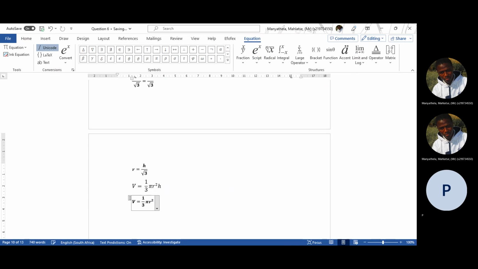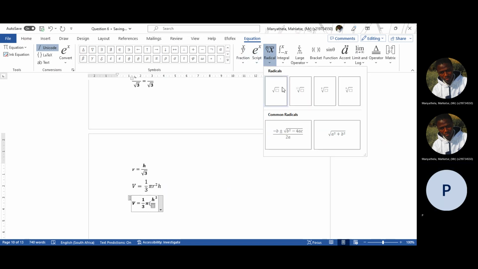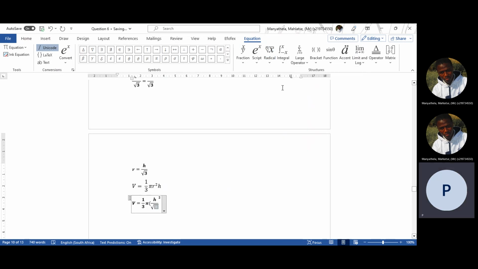Times height, but we know what R is. We've determined it. So R is H over what? H over root 3.